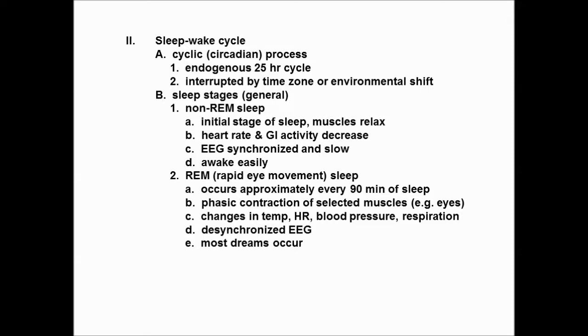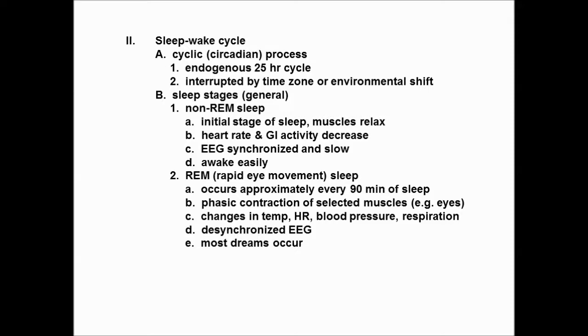We have indicators like a decrease in heart rate and gastrointestinal activity, mainly the contractile activity of the GI tract. And those EEG waves, which we talked about, start slowing down and becoming very synchronized. In this earliest sleep stage, we can be easily aroused without any confusion, and we can wake up and just go right on.